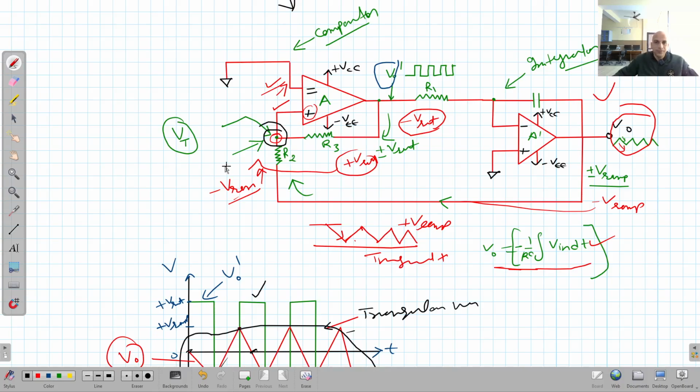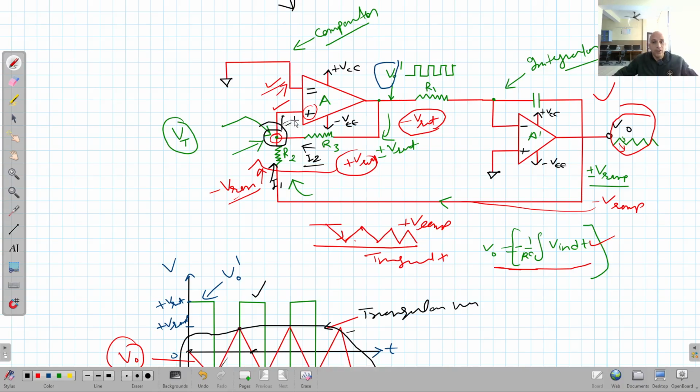Let current I1 be going from here, and I2 be coming from here. These two currents arrive at this point, but the resultant current that should go toward this side is nearly equal to 0.